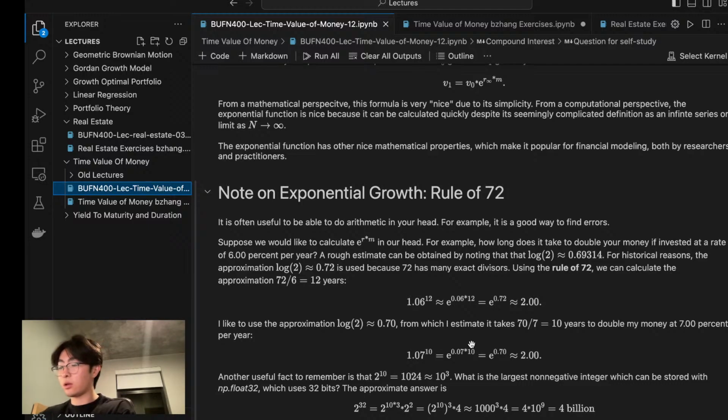So the rule of 72 just, log of 2. Okay. Log of 2.